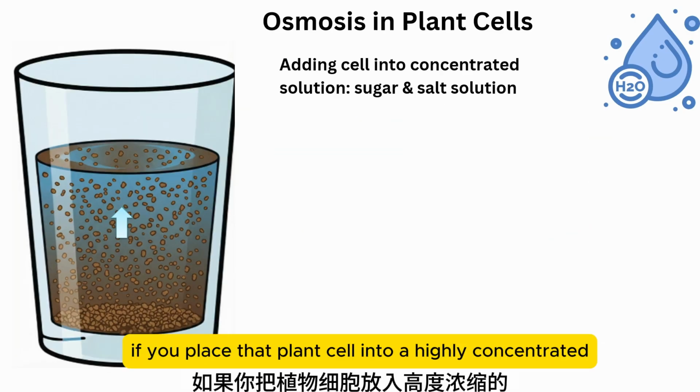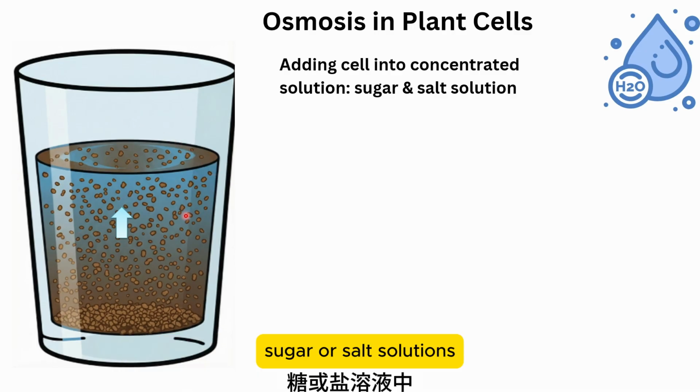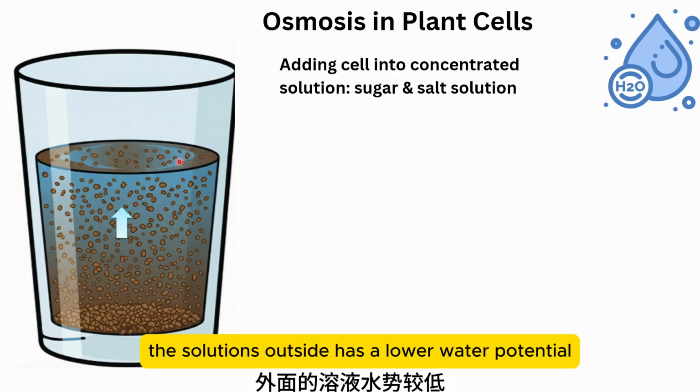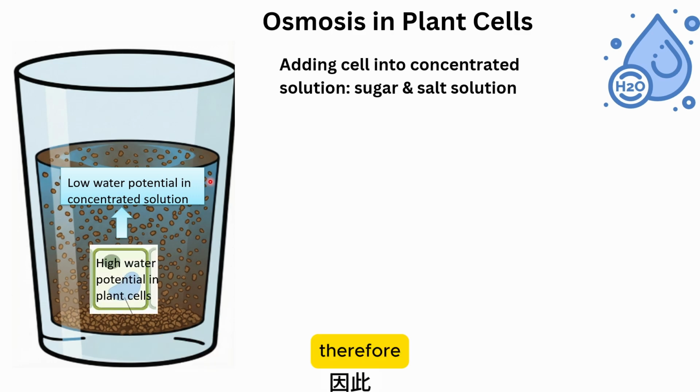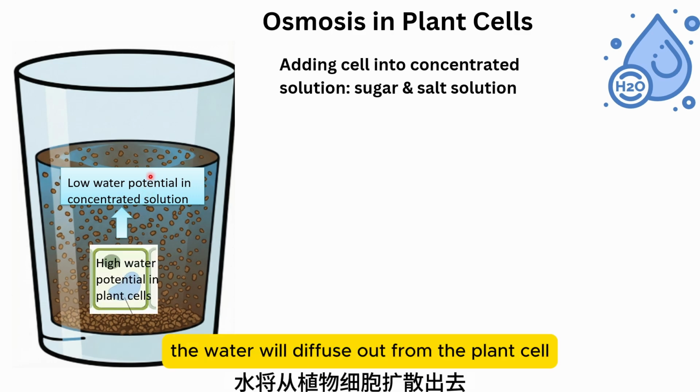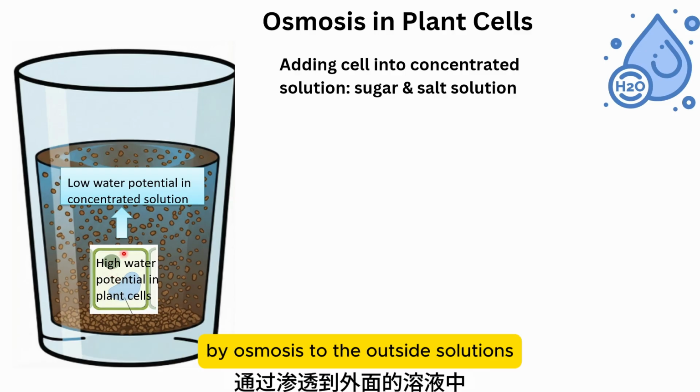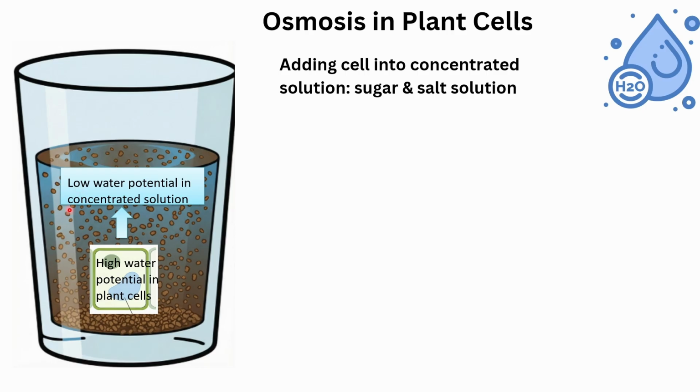If you place the plant cell into a highly concentrated sugar or salt solution, the solution outside has a lower water potential compared to the cell sap of that plant cell. Therefore, the water will diffuse out from the plant cell by osmosis to the outside solution.